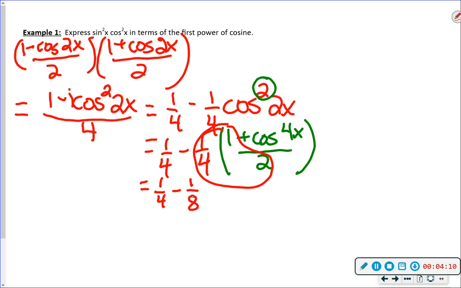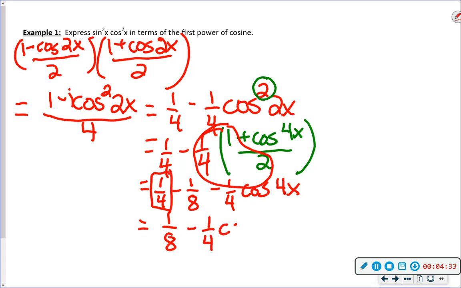Negative 1/4 times that, it's still distributing, negative 1/4 cos 4x. Looking good. We should put that 1/4 and 1/8 together. Those are like terms, so really you've got 2/8 here. What's 2/8 minus 1/8? 1/8. So 1/8 minus 1/4 cos 4x. We did it.